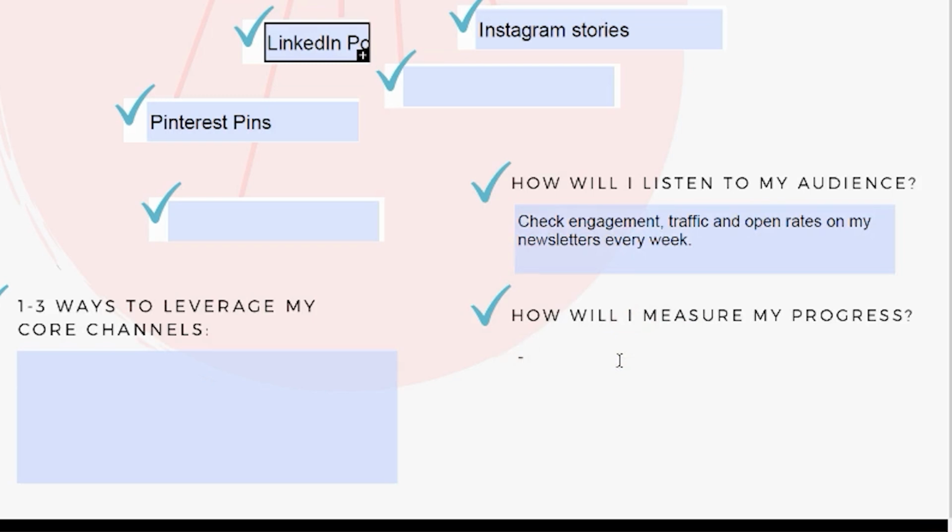If you're on LinkedIn, Instagram, and Pinterest, you're going to check for repins. You're going to check for LinkedIn engagement, right? And you're going to check for open rates via email. And maybe we add here click-through rates too, CTR.